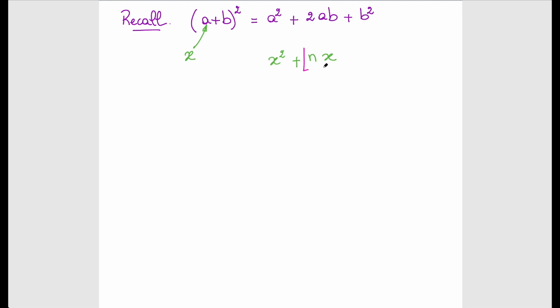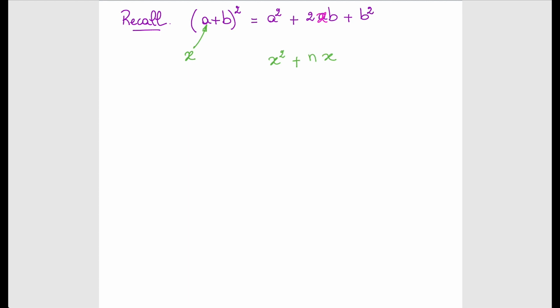How about we compare this with this and try to infer what b is? Don't forget, I just took a to be x, so this is technically now x. And as such, if you compare this expression with this expression, what do you infer about n?